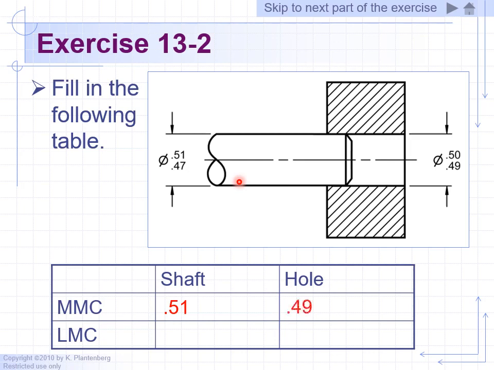Okay, now let's take a look at the maximum material for the hole. Here it's the reverse. It's not 0.50. Its maximum material will be at 0.49. Here we're not actually looking at the hole, we're looking at the block. We drill a hole. We'll have more material left over when you drill the smallest diameter hole allowed, which is 0.49.